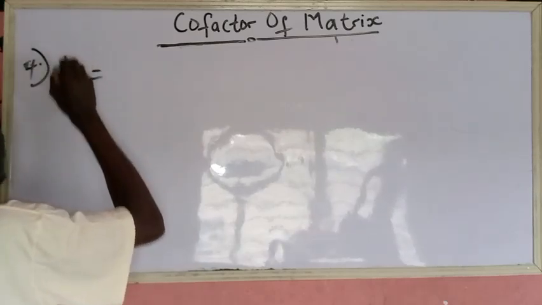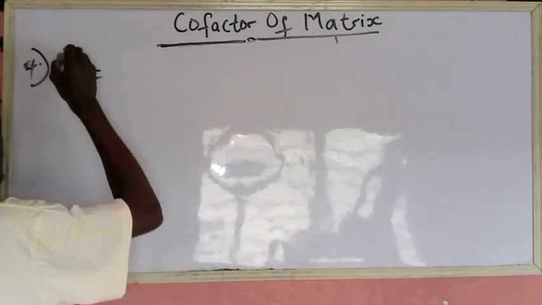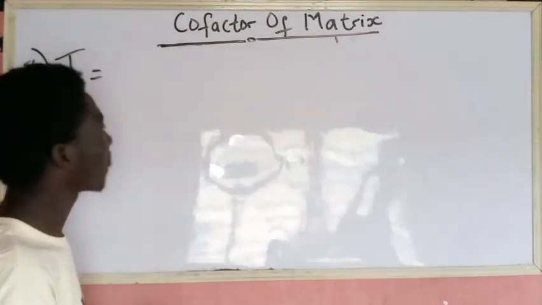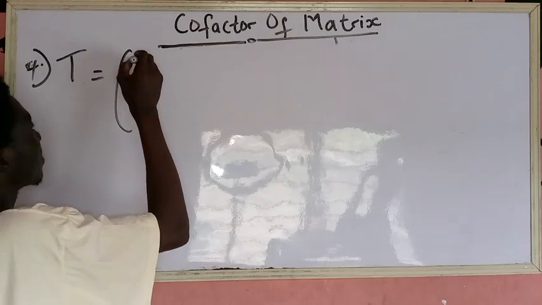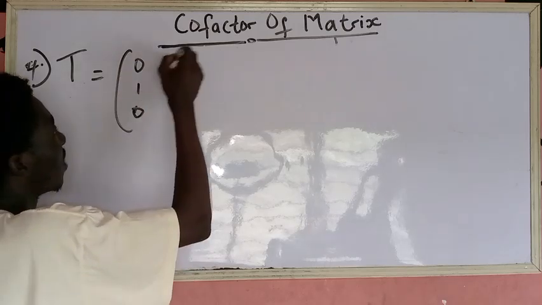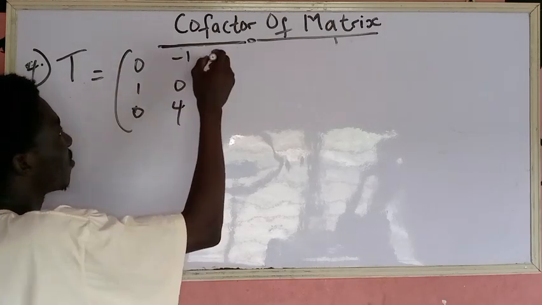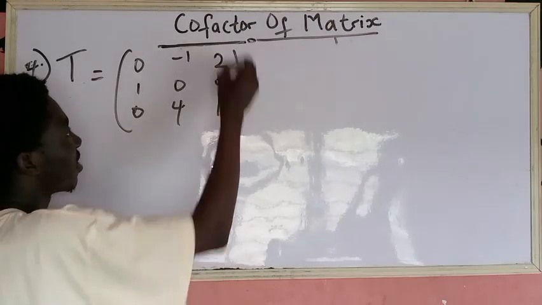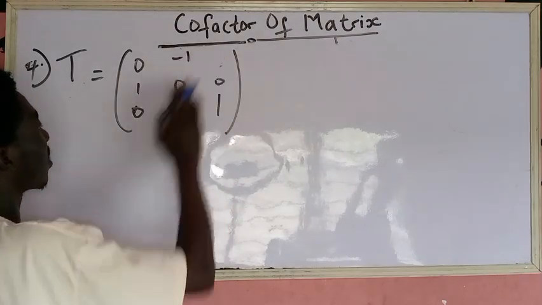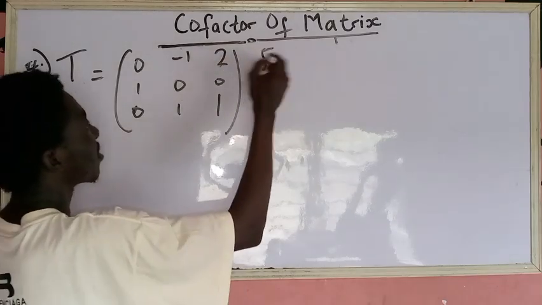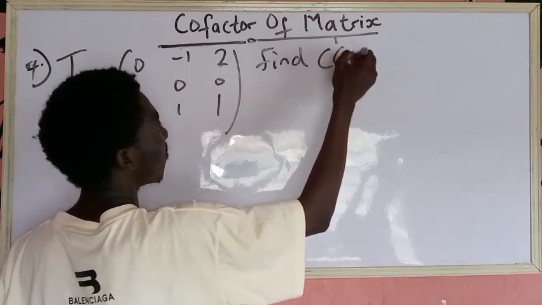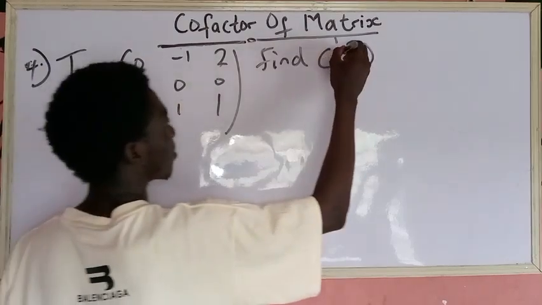Let's call that matrix T. So we ask for the cofactor of a matrix. Let's take the matrix, let's say 0, 1, 0, minus 1, 0, 4, 2, 0, 1. Let's check for this. Then put the 1 here, and then put the 2 here. So let's find the cofactor of T. How do you do that?